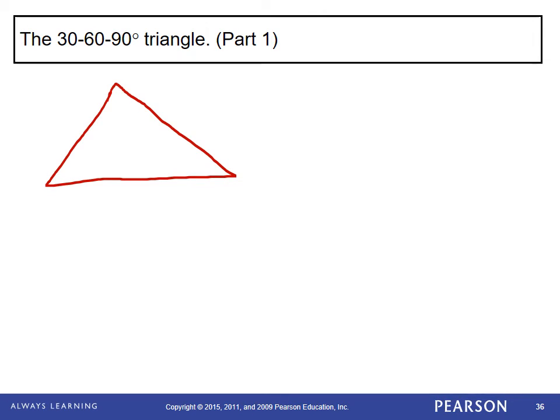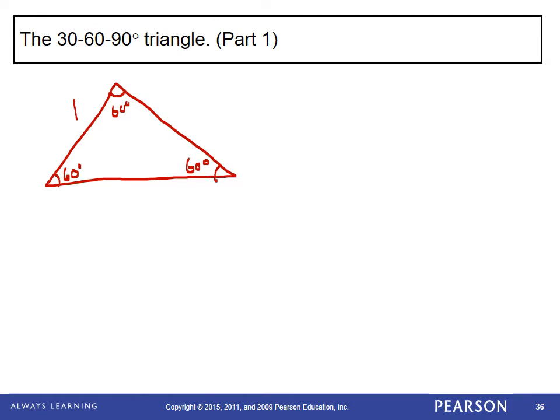If you have an equilateral triangle, all right, it means that all the sides are the same, but also it means each of the angles are 60 degrees.